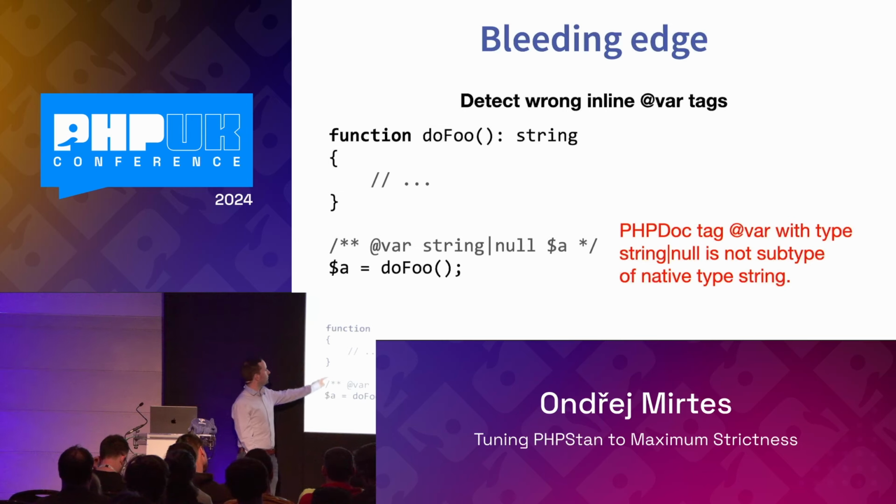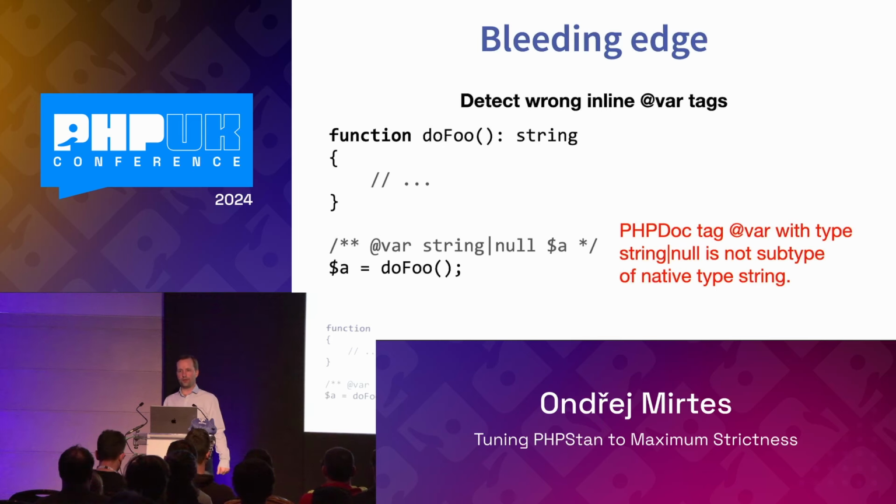Like if we are calling the do function, the return value cannot really be null. So at least with bleeding edge, I can report this behavior. And if you enable bleeding edge and strict rules at the same time, you will also get this reported in a little bit more situations than without strict rules.